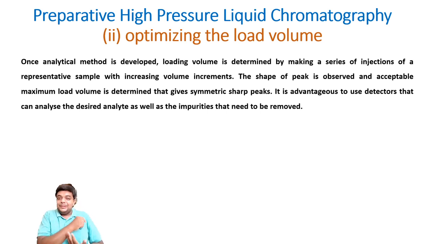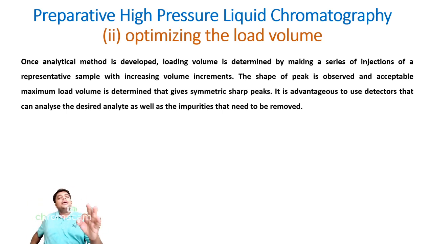You can see it over here. I am repeating it again. You can increase the volume of sample when you are jumping from an analytical method to a preparative method. But how can it be done? Friends, always remember in science, trial and error is a very important aspect. So over here, I'll start injecting 0.5 ml, 1 ml, 2 ml, 3 ml, and for every injected sample, I will look for the chromatogram.